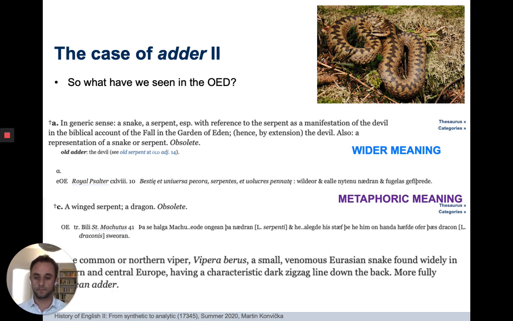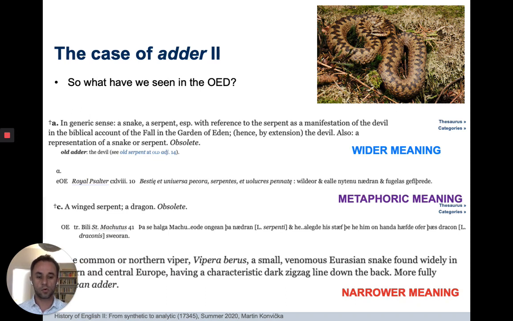Okay, and then you have a third sense, which describes the common or northern viper, Vipera berus, right? So the thing that you see in the top right hand corner, a viper.